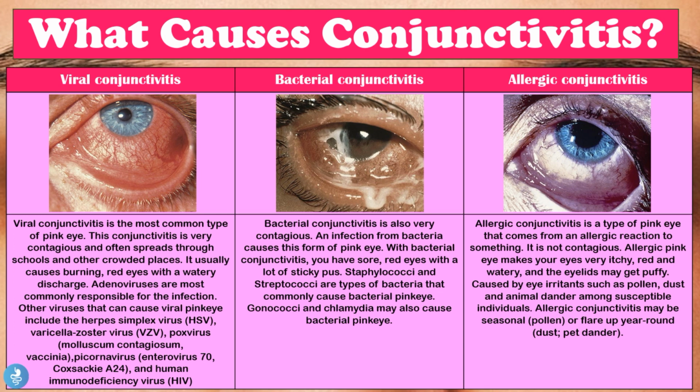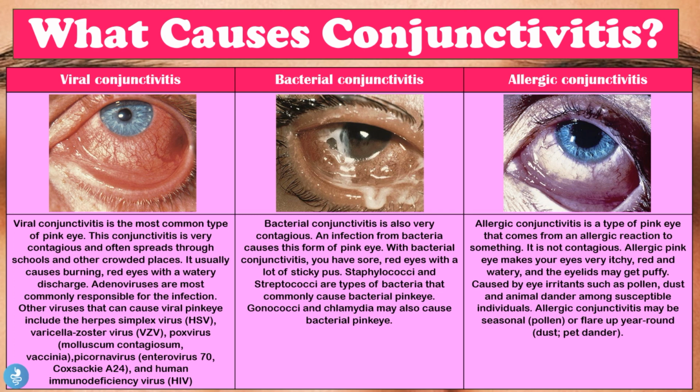And finally, let's talk a little more about the allergic conjunctivitis. The allergic conjunctivitis is a type of pink eye that comes from an allergic reaction to something. And therefore, it is not actually contagious because it depends on the specific individual and what they are sensitive to. So the allergic pink eye makes your eyes very itchy, red and watery, and the eyelids may get puffy.